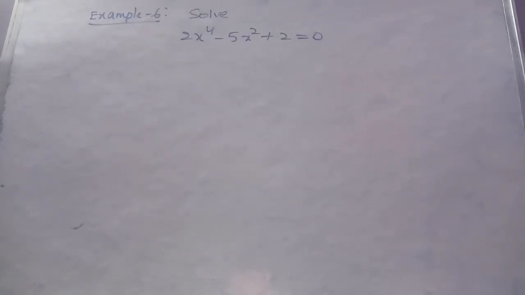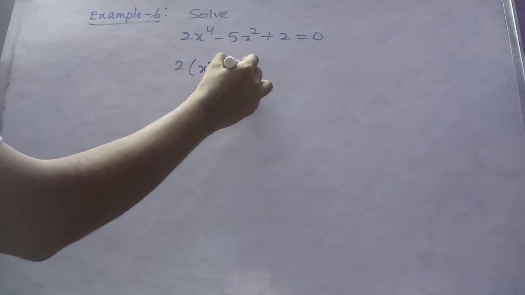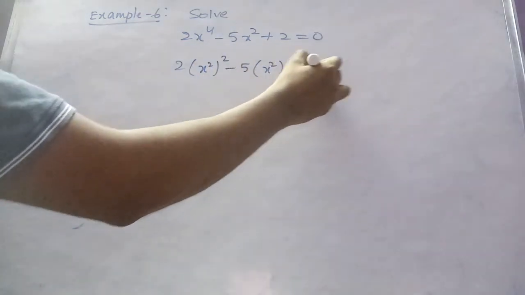Here is a question. 2 into x power 4 minus 5x square plus 2 equal to 0. We are supposed to find the solutions of this biquadratic equation. So here we have a facility of taking x square is equal to t. But before that I can write it as 2 times x square whole square minus 5 into x square plus 2 equal to 0.